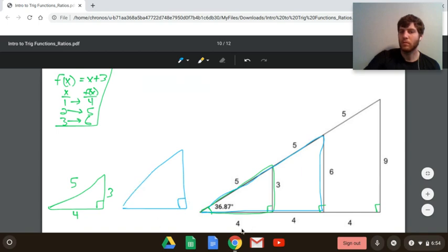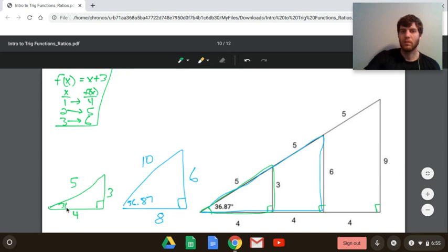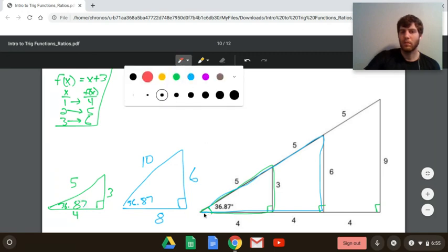So the base on this one is going to be 4 plus 4, which is 8. The height is going to be 6, and the hypotenuse here is going to be 5 plus 5, which is 10. Okay, and then this is going to be 36.87. And again, for this one, this was also 36.87. Right, and then now let's draw the big one.